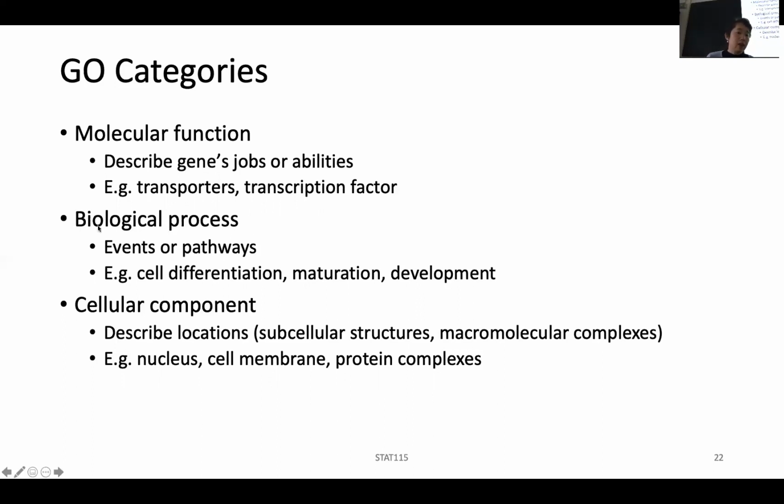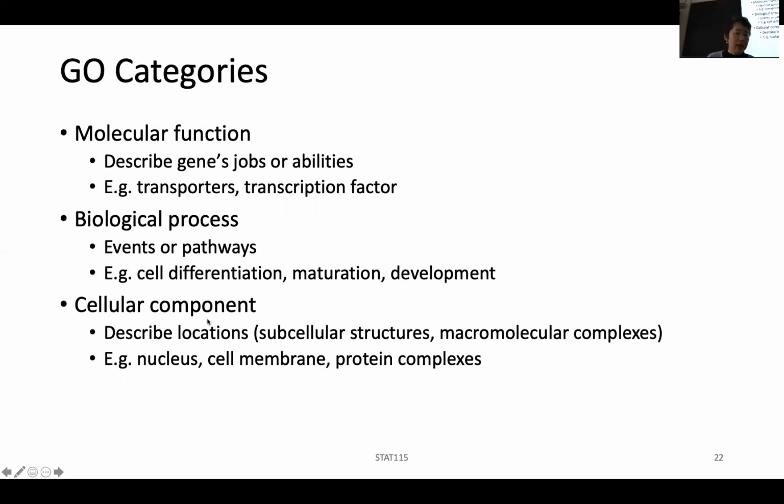The second code or annotation for this gene is biological process, which says what kind of event, what kind of pathways does this gene participate in. These are things like cell differentiation, maturation, development, or metabolism or something. There are some pathways in here.